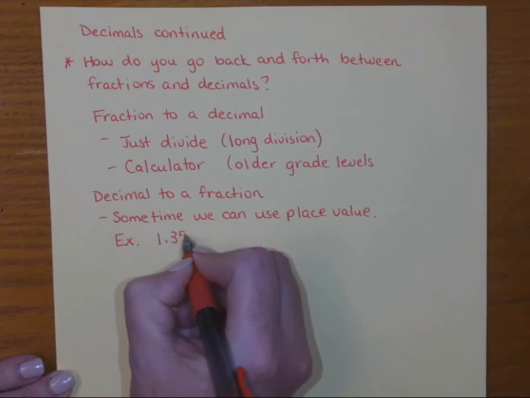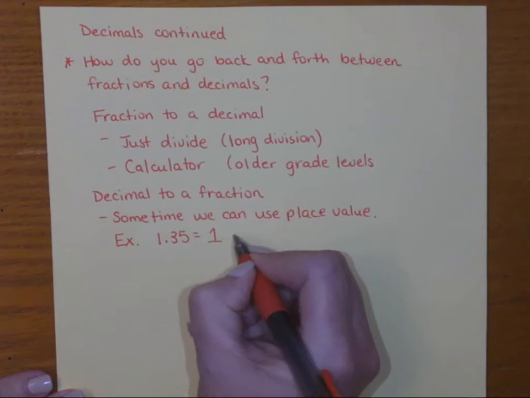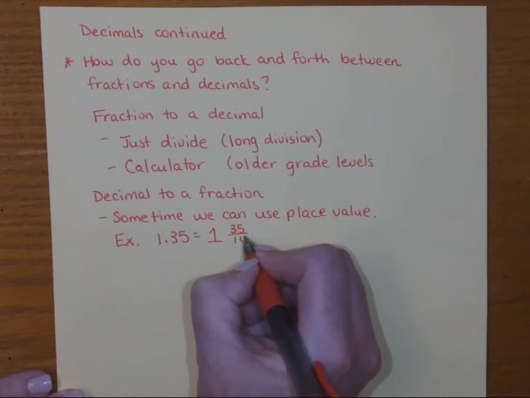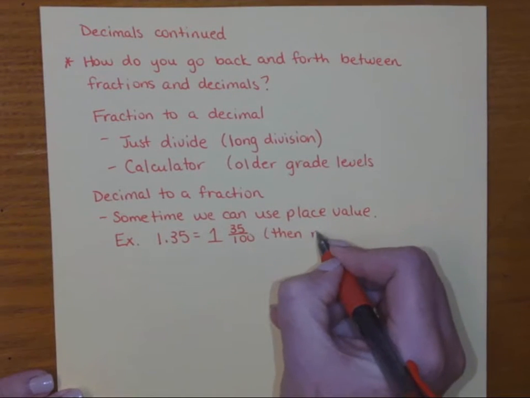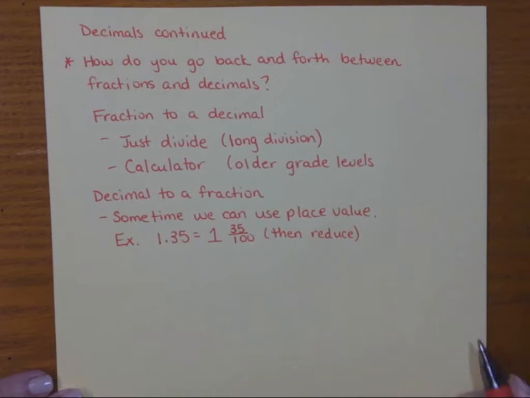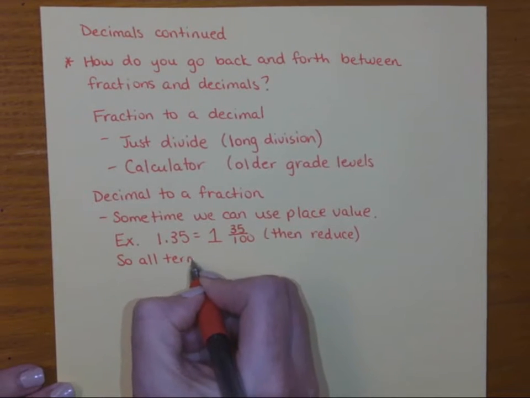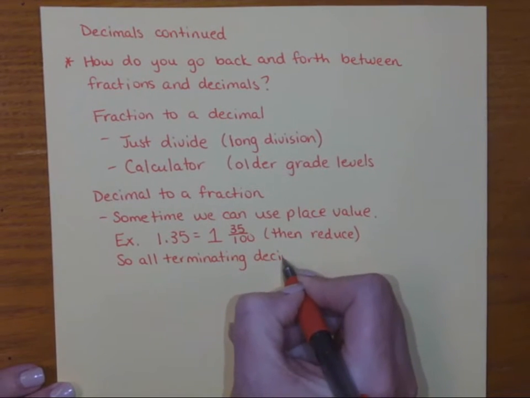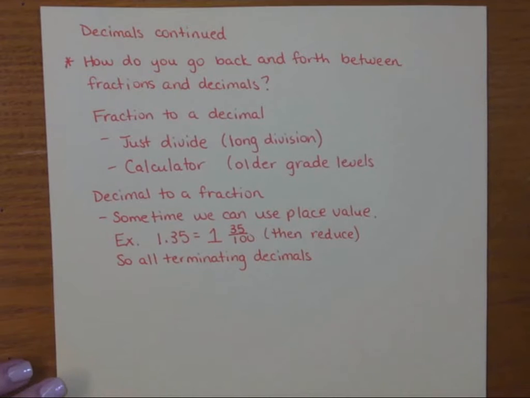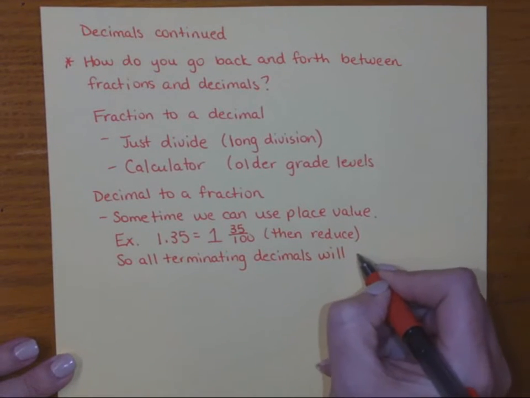For instance, if we're asked to find the fraction equivalent of 1.35, that is 1 and 35 hundredths, right? Because the 5 is in the hundredths place, and then we would reduce. All terminating decimals will work this way. As long as the decimal ends, like we talked about last week, we'll have no problem figuring out what place value we're in.